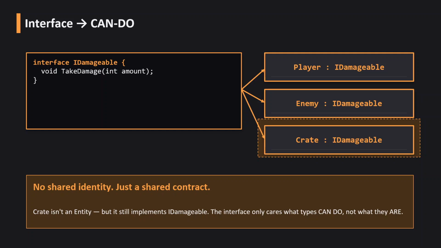Notice that. Player and enemy, those two are entities. Crate is not. It does not sit anywhere in our inheritance tree. Its own thing. The interface does not care whether it is an entity or not. It only cares whether the class promises to deliver on the contract. No shared identity, just a shared capability. That's the whole idea of an interface.